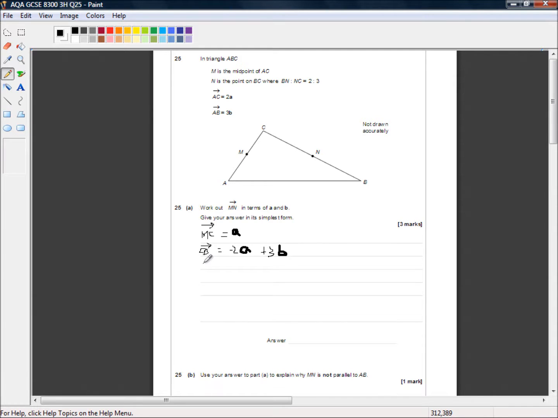So CN is equal to 3/5 of minus 2a plus 3b.